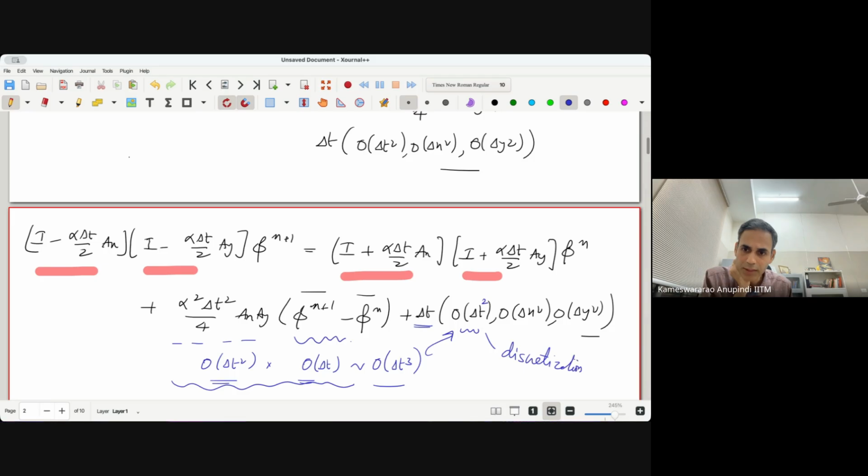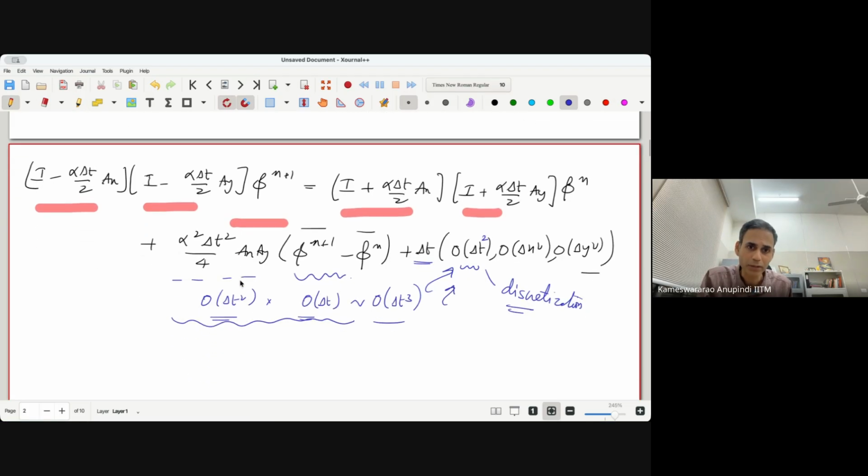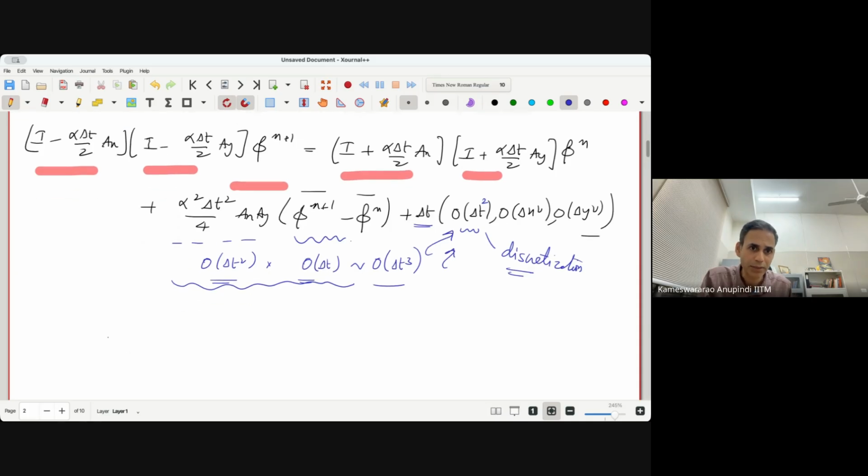So as a result, I can choose to neglect this contribution, because the error I'm going to make is already commensurate with the error that we already have because of discretization. So we are not introducing a bigger error than that, but we are introducing an error of the same order. So with this argument, we're going to now neglect this term, and we're going to approximate our factorization as only these first two terms on the left and right hand side.